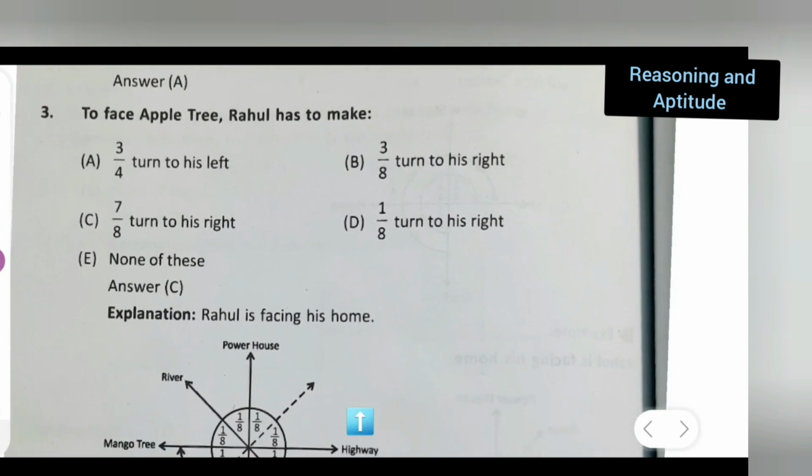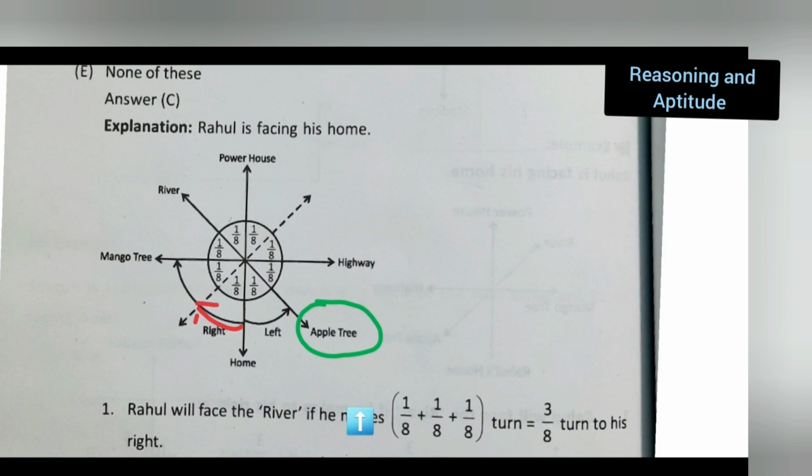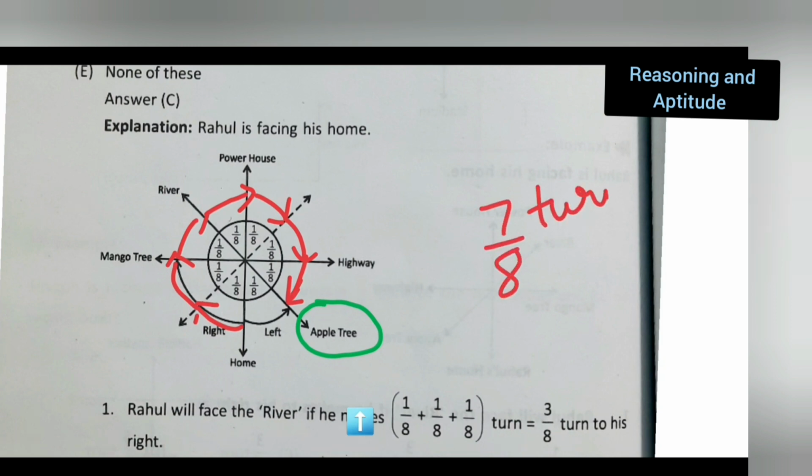So he has to face this apple tree. It's moving towards the right side, so it will be 1, 2, 3, 4, 5, 6, 7. So what will be the answer? 7 upon 8 turn towards its right.